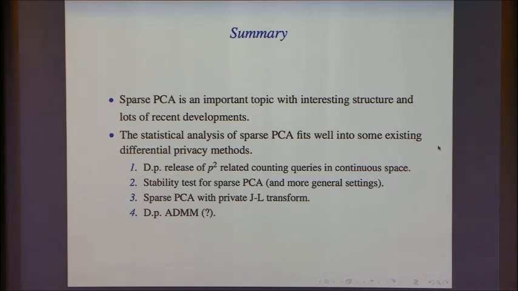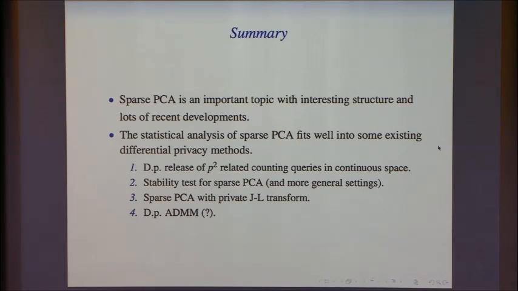So the final message: PCA, sparse PCA, is a very interesting problem with lots of good structure, so it should be the favorite toy for theorists. And the current analysis fits very well in quite a few frameworks of DP. There are some techniques I'm particularly interested in: the accurate release of p-squared related quantities, because the entries of the covariance matrix are not independent. They are related in a tricky way.